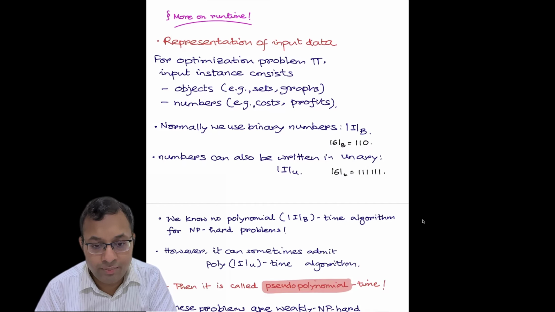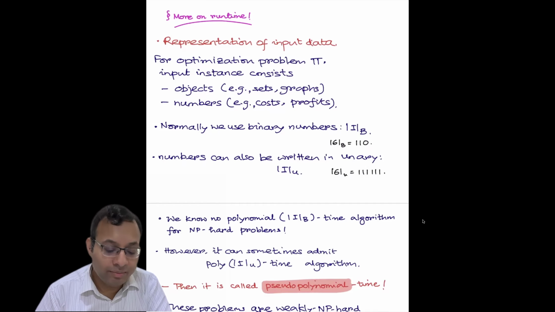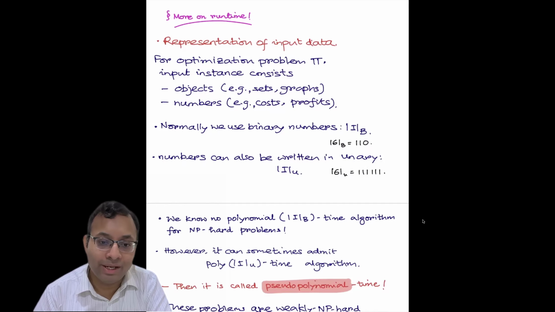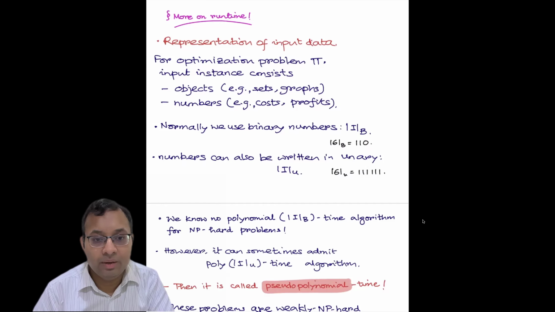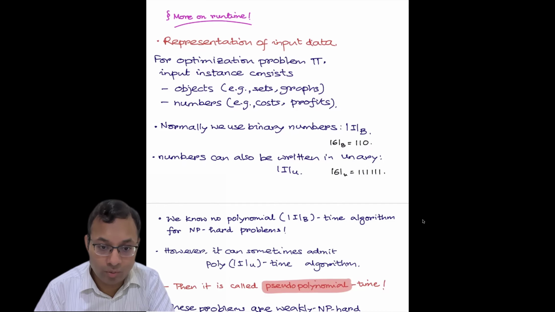Now, for NP-hard problems, we don't know any polynomial time algorithm, but here polynomial time means if the input is represented in binary, we have no polynomial time algorithm. But surprisingly, some problems which are NP-hard can still admit a polynomial time algorithm if the input numeric data is represented in unary, and then it is called pseudo polynomial time.